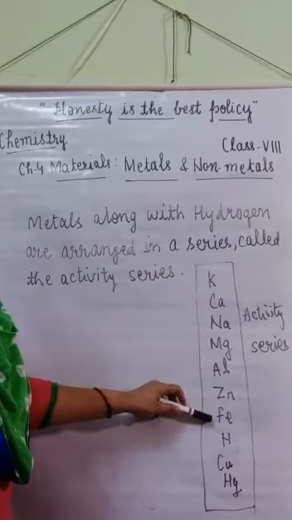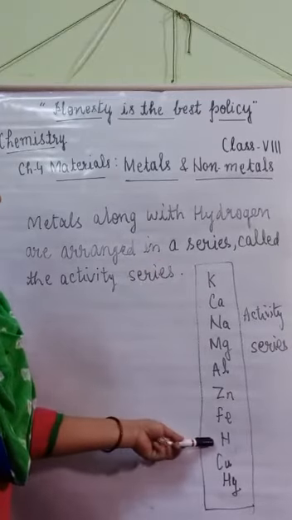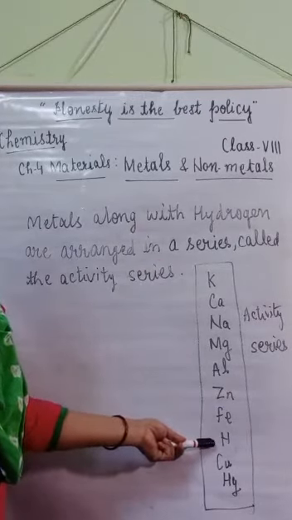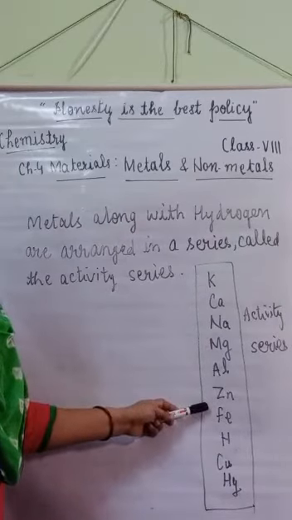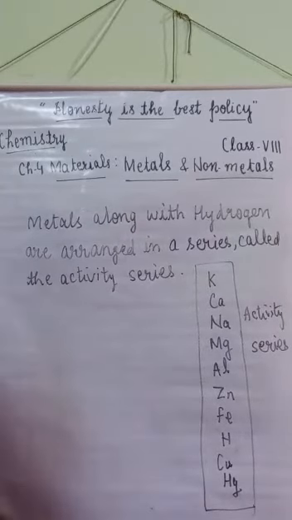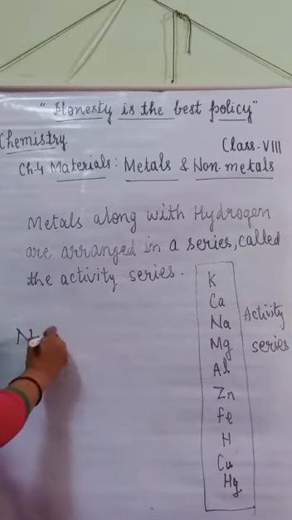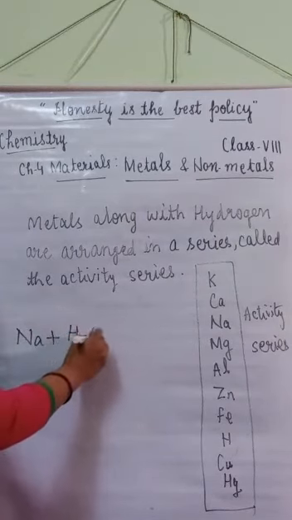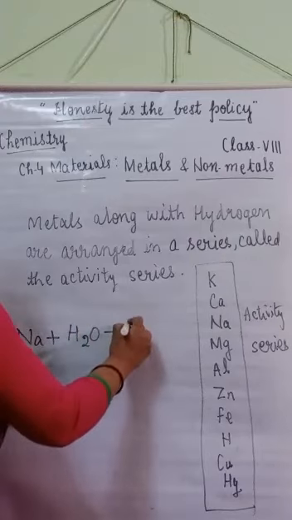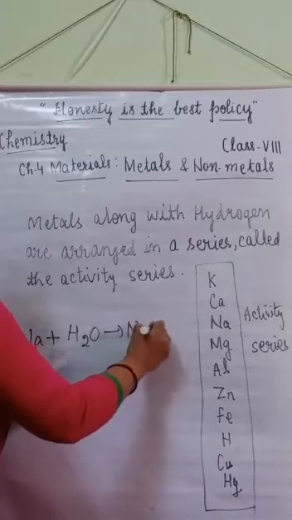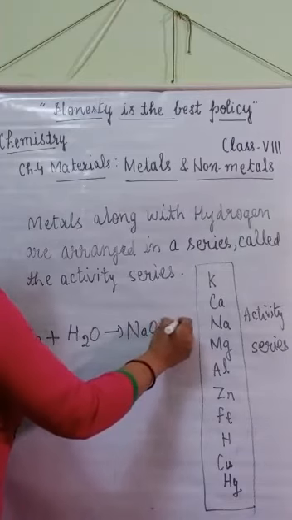In this way, some metals are above hydrogen in this series. It means these metals are more reactive than hydrogen and displace it, like sodium, which when it reacts with water, displaces hydrogen from water and forms sodium hydroxide and hydrogen gas.